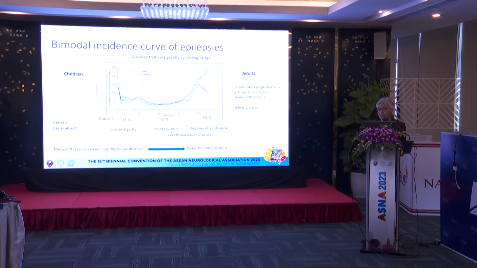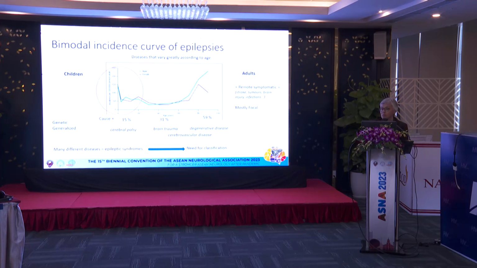In adults, most are what we call remote symptomatic epilepsies, because they are associated with strokes, tumor, brain injury, infections, and epilepsy that are mostly focal epilepsies. So for some neurologists, epilepsy is sometimes more like a symptom or a comorbidity to another neurological disease, and not always a disease by itself.